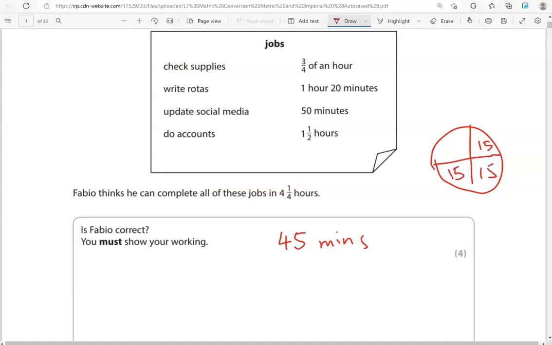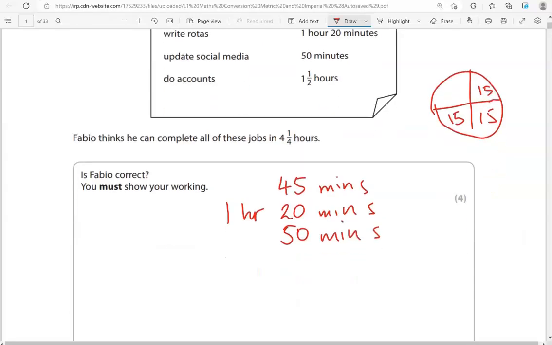Then we have write rotas, 1 hour and 20 minutes. Update social media, 50 minutes. Do accounts, 1½ hours, so 1 hour and 30 minutes.